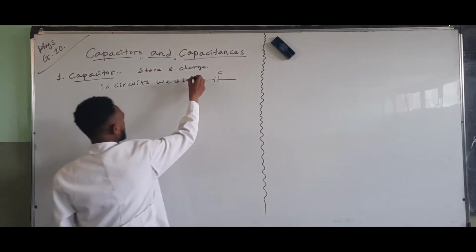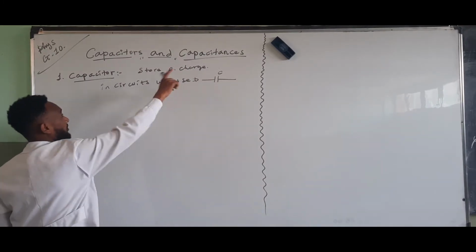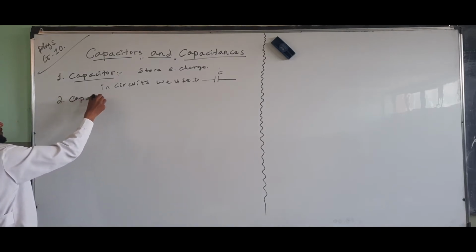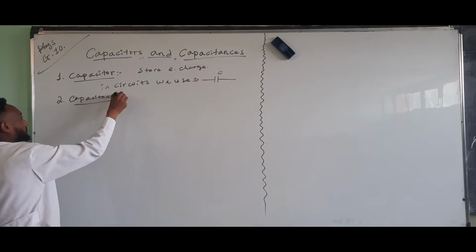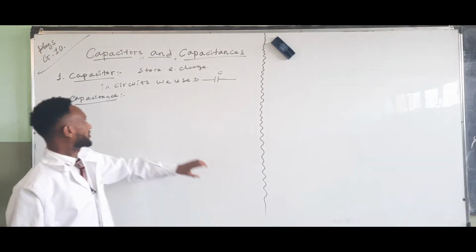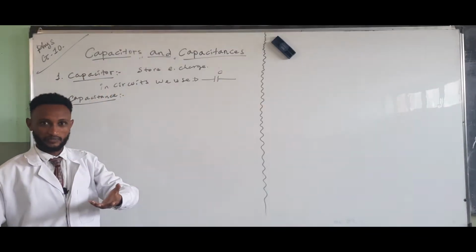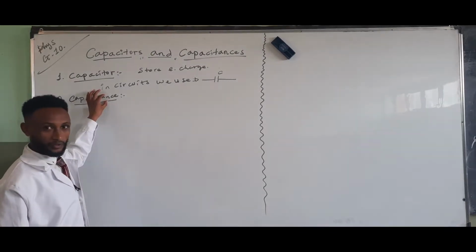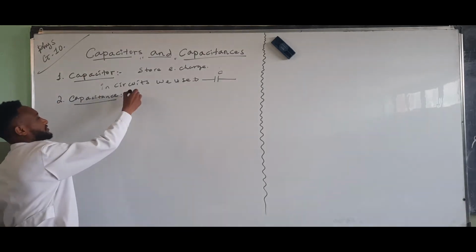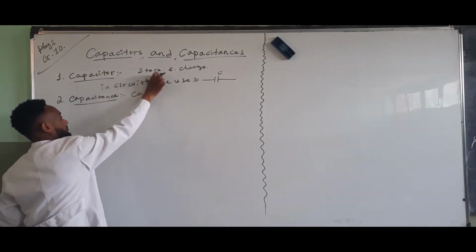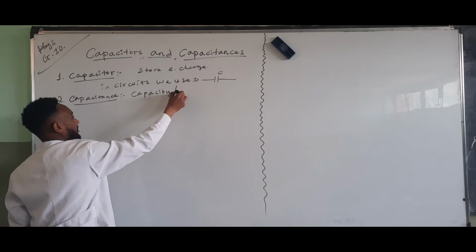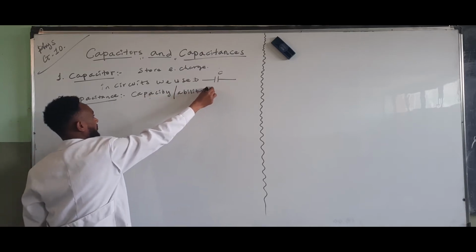Another one is what it means when we say capacitance. Capacitance is the capacity or the ability by which this capacitor stores the electric charge. That means it is the measurement of the ability or the capacity of a capacitor.